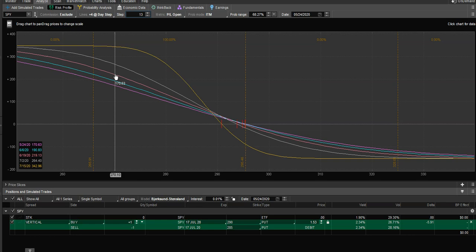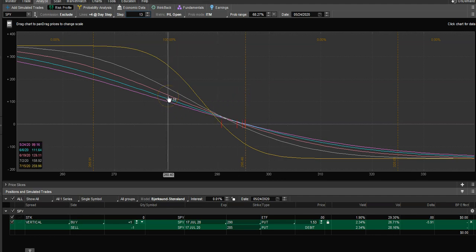Or by July 15th, we could see way up here, which is the July 15th line, this trade should be worth about $342. So this is a really helpful tool.